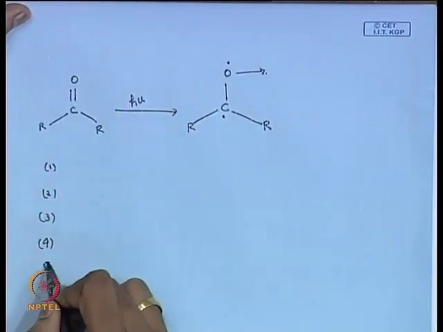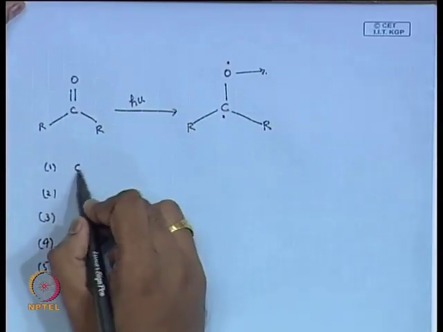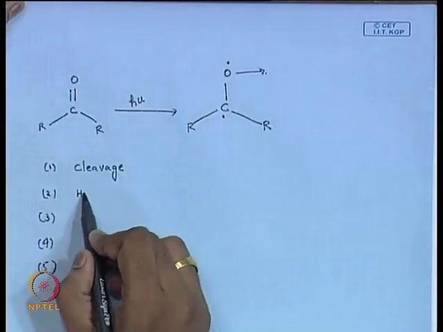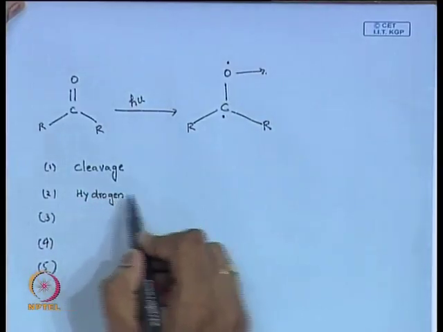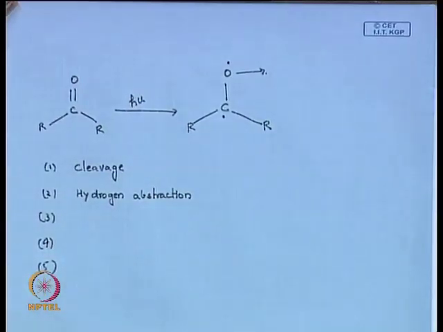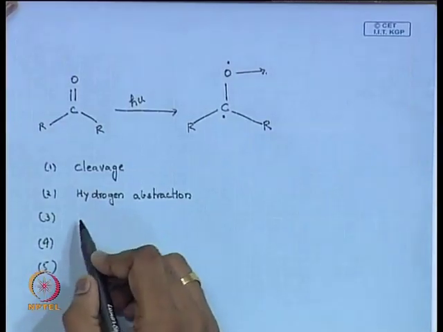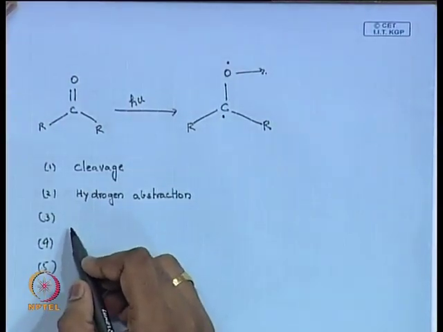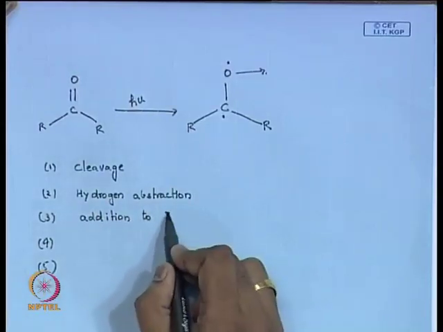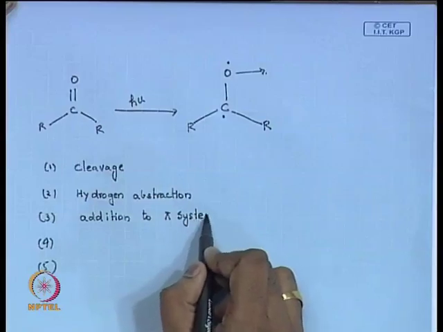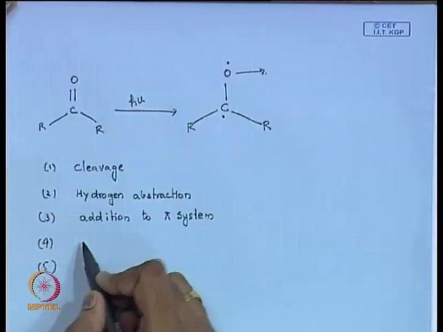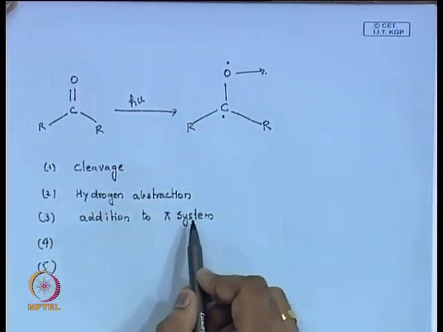Then we studied that it does 5 chemistries you can see. What are they? One we said is cleavage, then hydrogen abstraction, then addition to pi system, where you do cyclization.